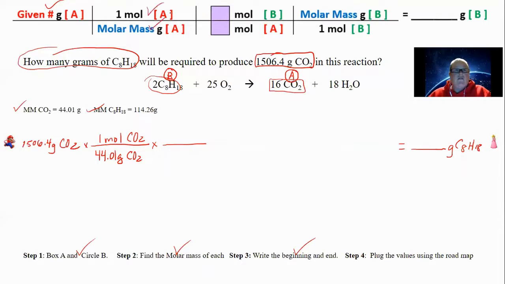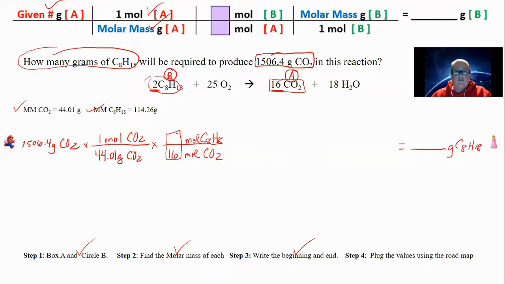All right, so I've got this step done. The next is my mole to mole ratio. Again, I like to put the box in. Moles of A on the bottom, CO2, related to moles of B on the top, C8H18. And looking at the numbers in front of my B, I have a 2, and in front of my A, I have a 16.